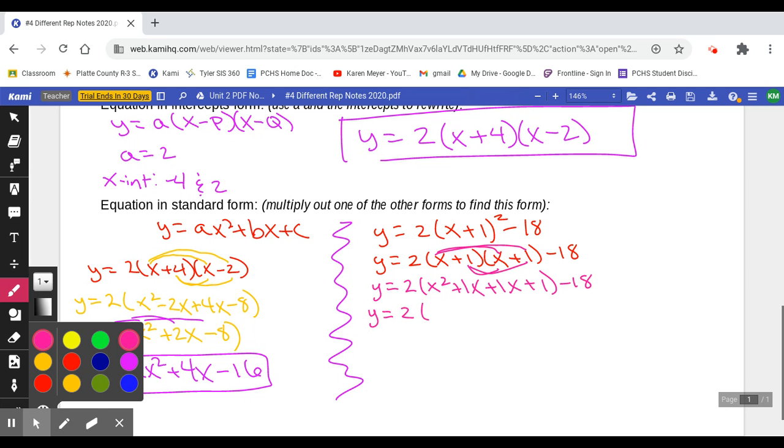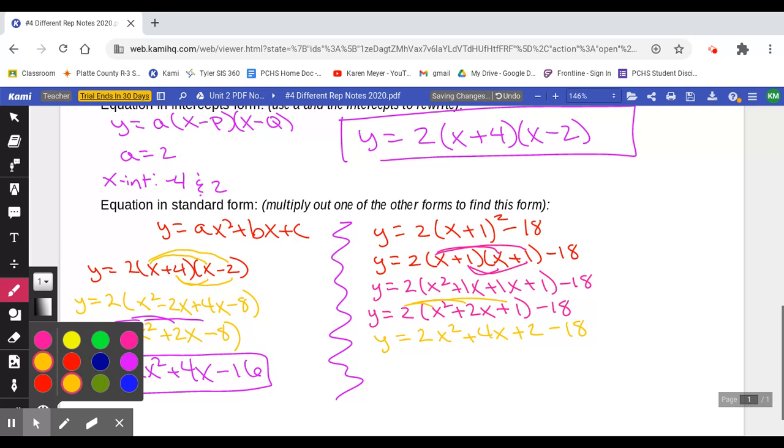Clean up the parentheses, so you get x squared, 1x plus 1x is 2x, plus 1. Now distribute your a, so you get y equals 2x squared plus 4x plus 2. Then we have minus 18.